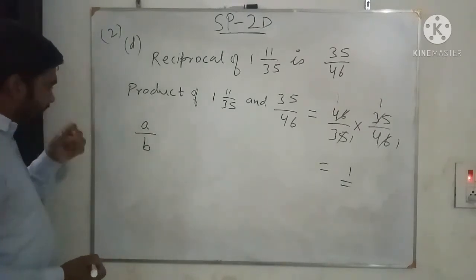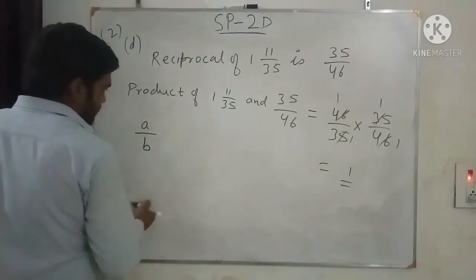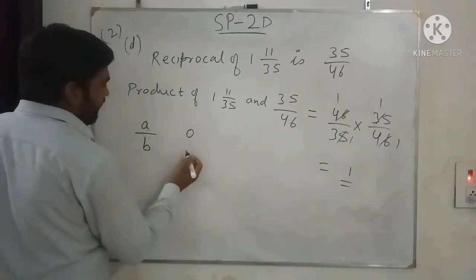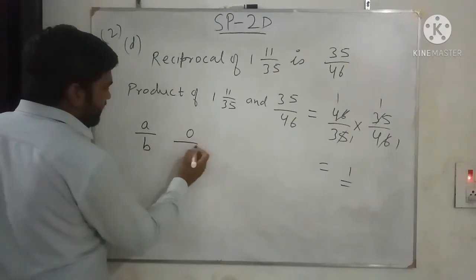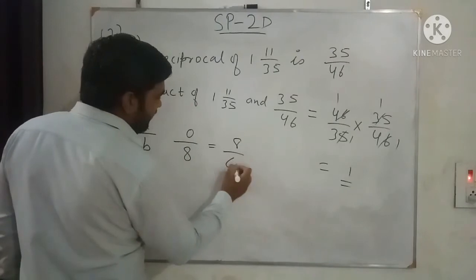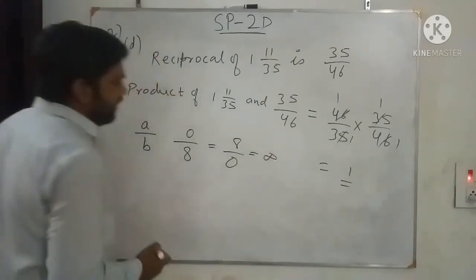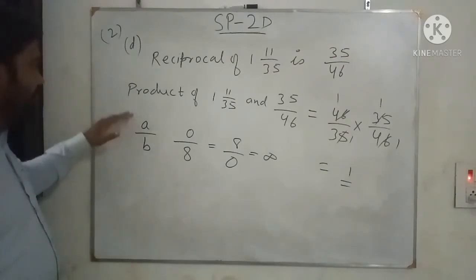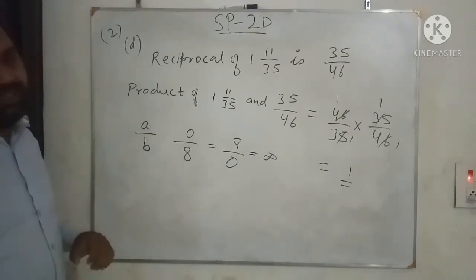Now suppose A is 0 and B is not 0, say 0 by 8. The reciprocal of 0 by 8 will be 8 by 0, and 8 by 0 is undefined. So that's why, for the reciprocal of a fraction, A and B should not be 0.